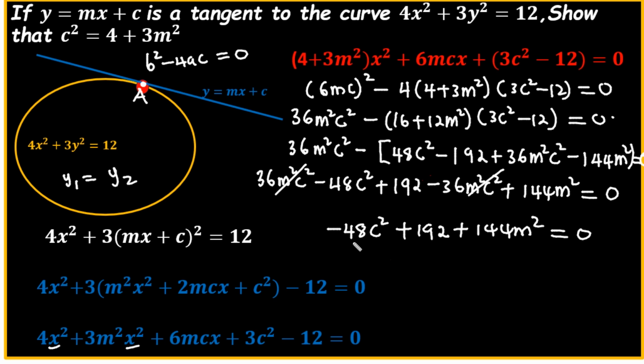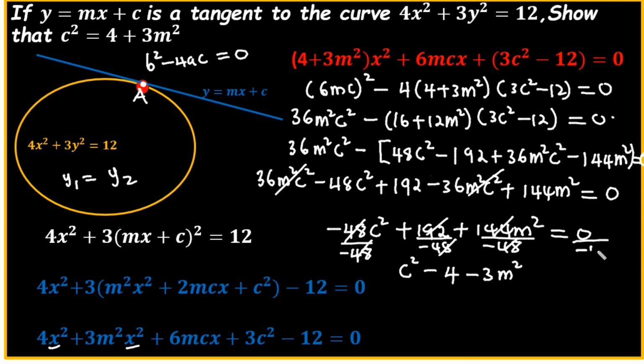So I'm going to divide through by negative 48, and when I do it here, I'm going to remain with c squared. Then when I divide negative 48 through this, I'm going to remain with negative 4. Then when I divide negative 48 through this, I'm going to have minus 3m squared.